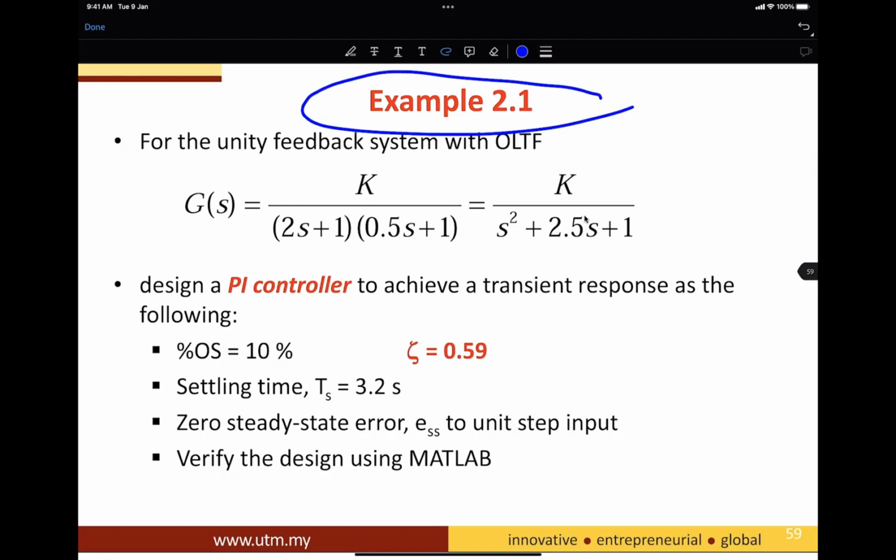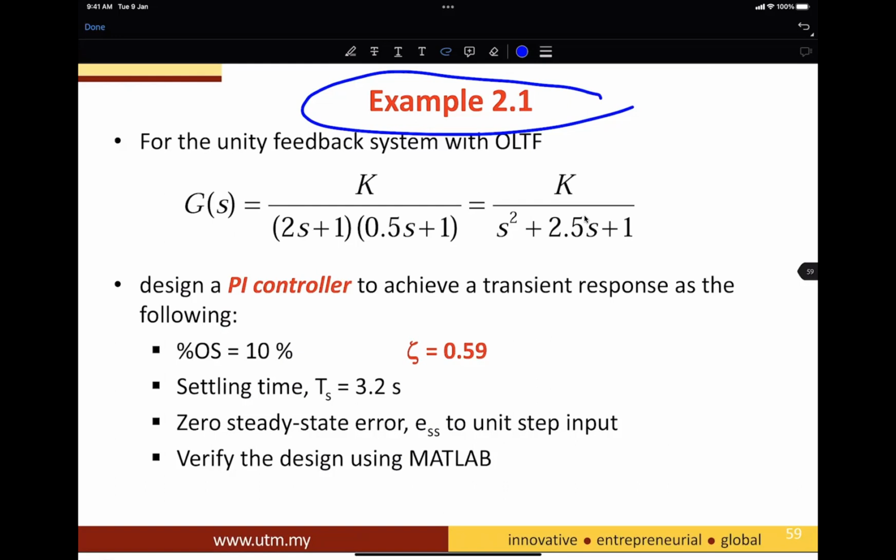Example 2.1. For the unity feedback system with OLTF, G(s) equal to K over (2s plus 1)(0.5s plus 1), equal to K over s squared plus 2.5s plus 1. Design a PI controller to achieve a transient response as the following: percentage overshoot equal to 10%, settling time equal to 3.2 seconds, zero steady state error to unit step input.